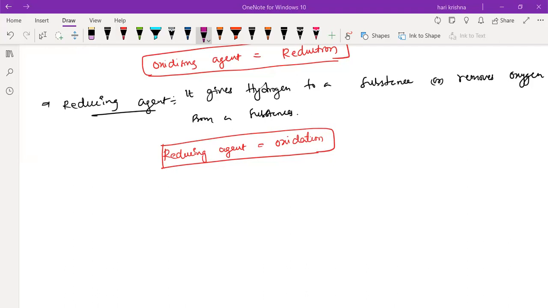Now I'll take some worksheets based upon balancing the chemical equation, from word equation to symbol equation.